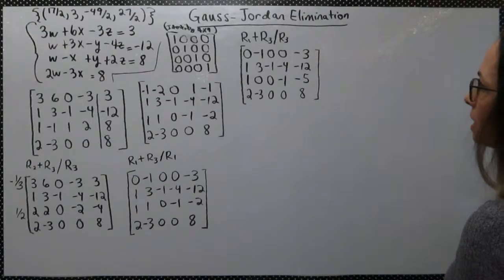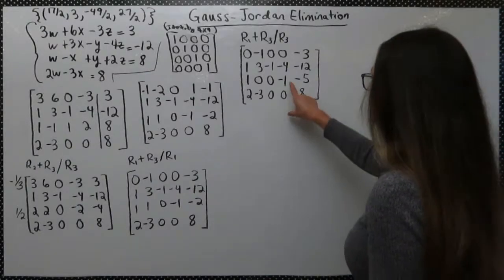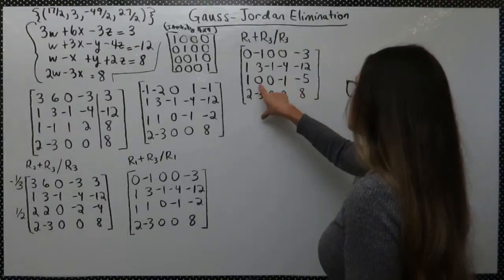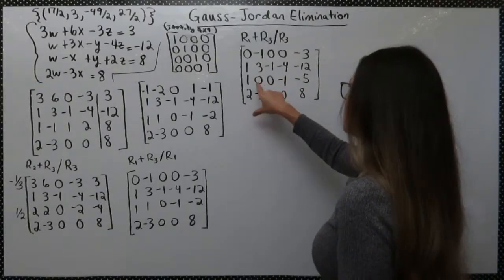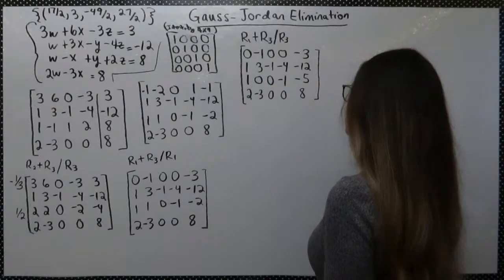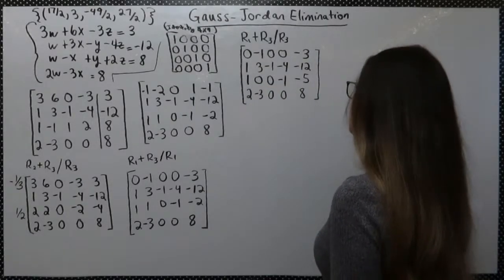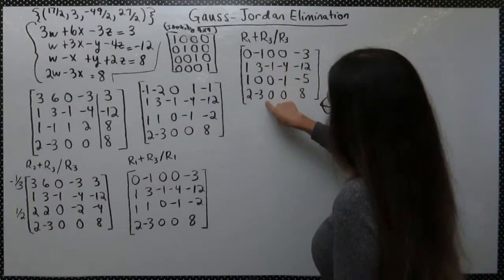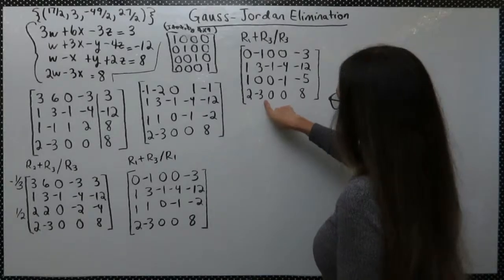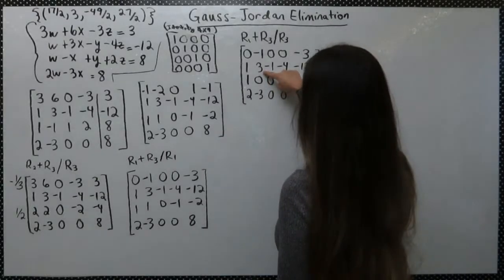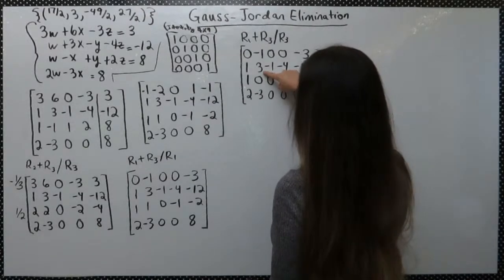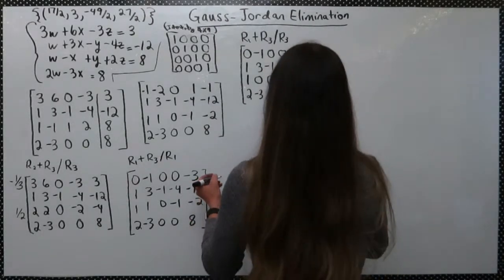If I can somehow make this position 0 and keep these zeros, then I can replace this with row 1, but I'm just not sure. I could add row 2 and row 3 and make this position a 0. I guess that's what we'll do.